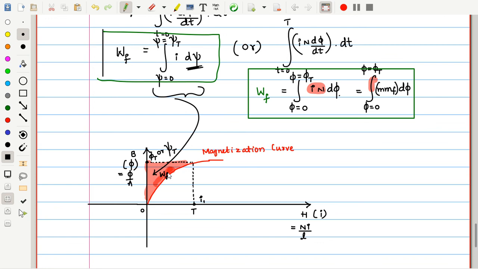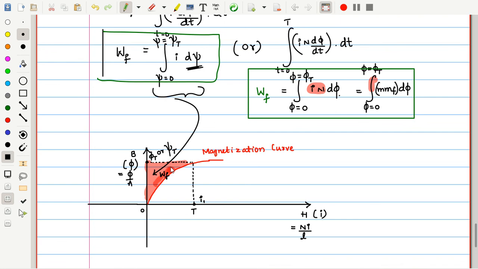The area between the magnetization curve and the flux linkage axis, towards the flux linkage side. What is the flux linkage axis? The Y axis. So the area under this curve, on the projection of the vertical axis, is the energy stored in the magnetic field.